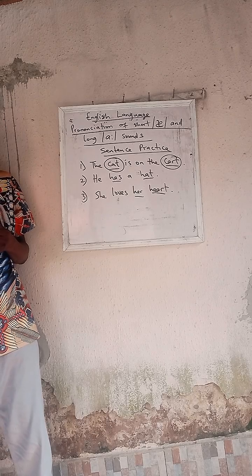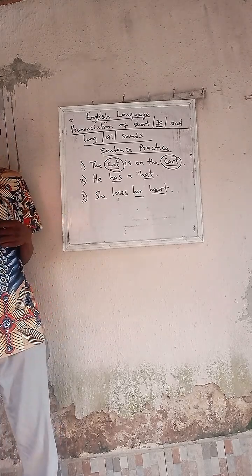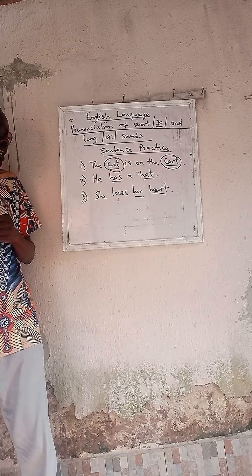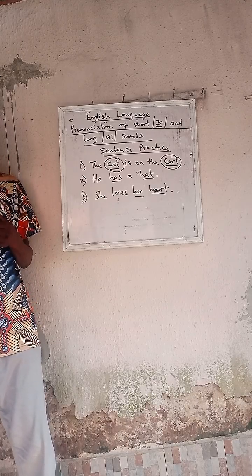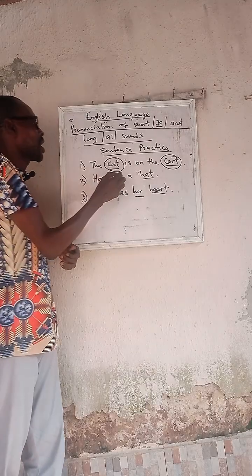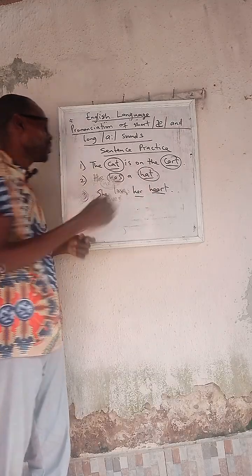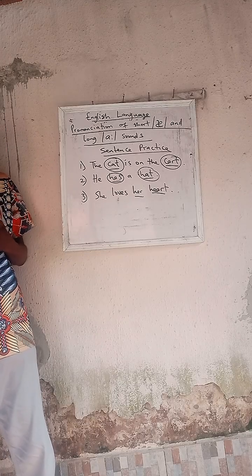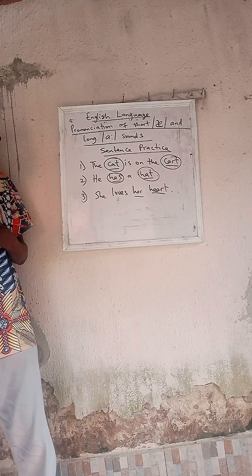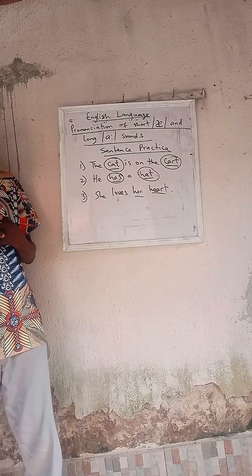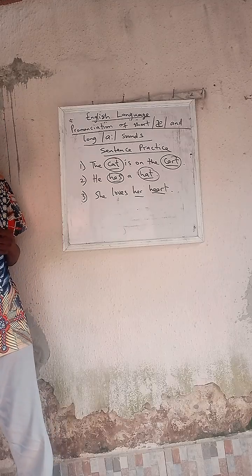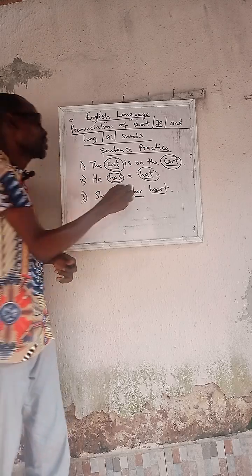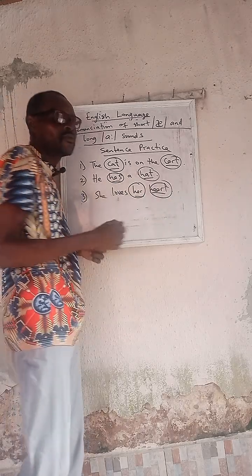Okay, in the second sentence, we don't have a long sound, but the short sound. Now identify the word that has the short sound. Has and hat. Beautiful. Now, Sarah, the last one, the short or the long sound? We have the long sound. Can you identify the word with the long sound? Her and her. Very good.